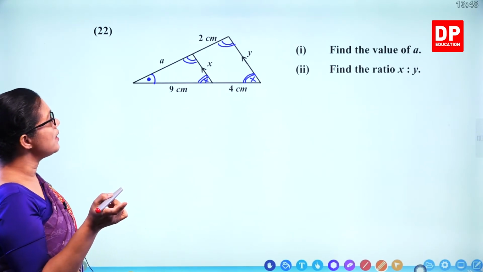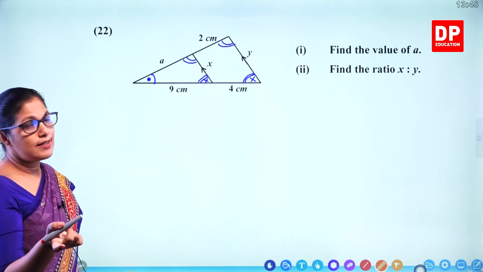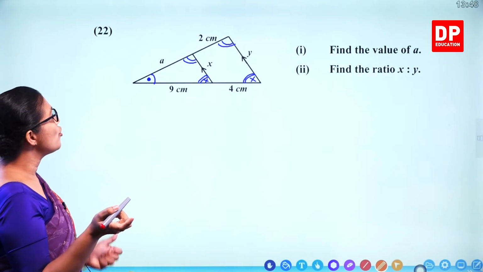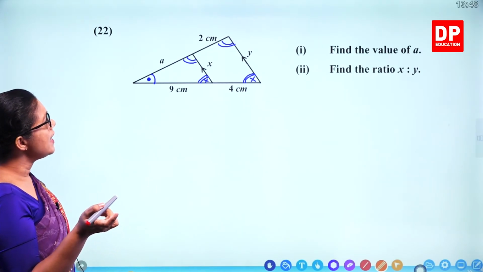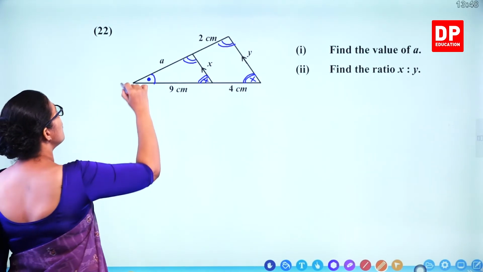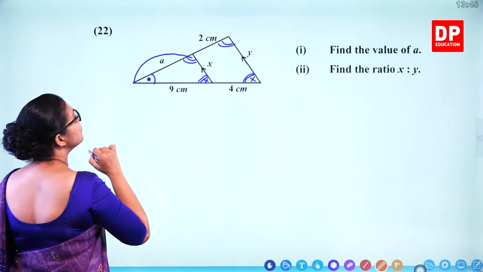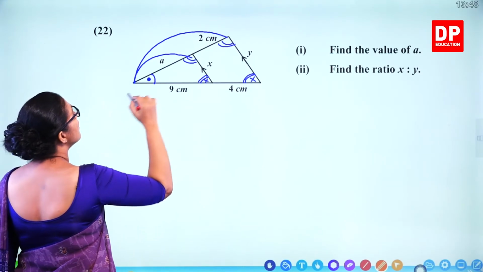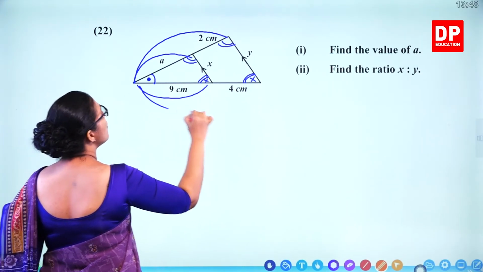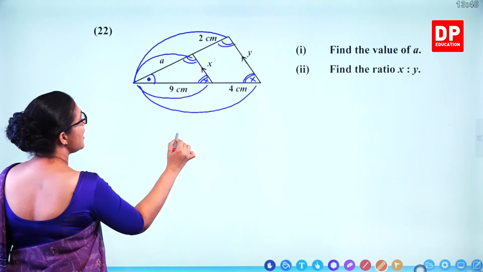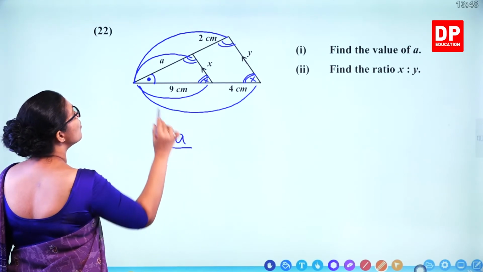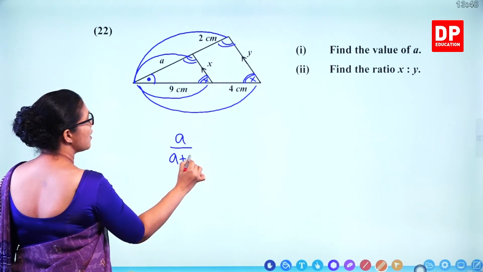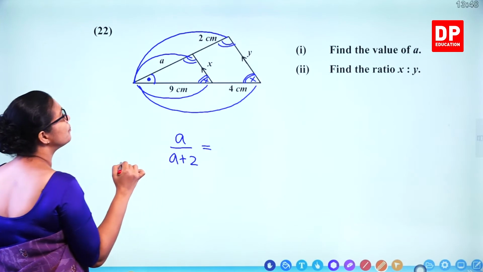So equiangular, so similar triangles, that means ratio you can take. So we need A. So smaller to bigger one. Smaller to bigger one. So we can say A to A plus 2, bigger one, is equal to.